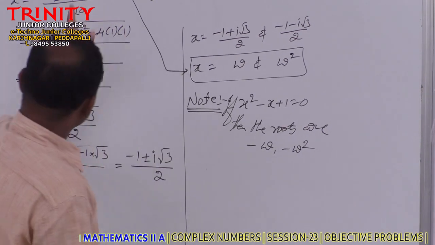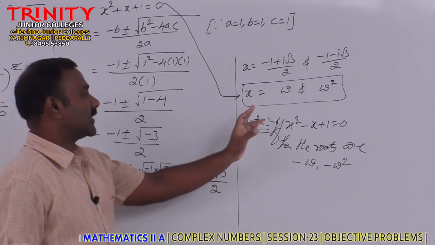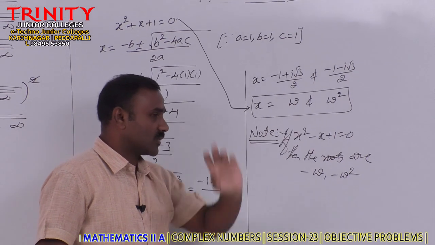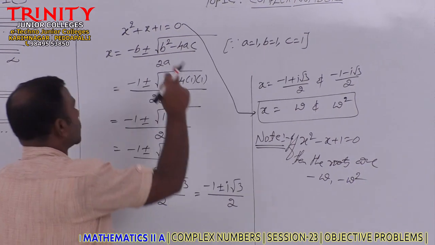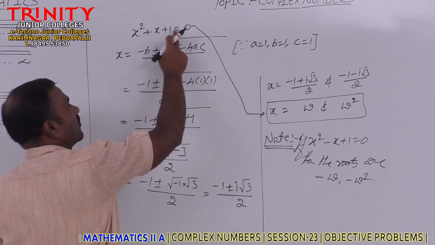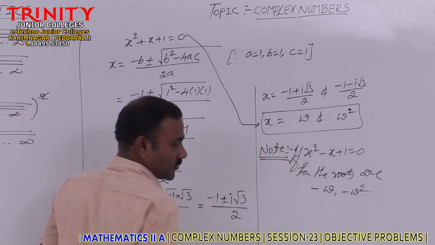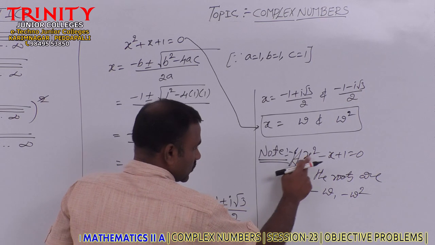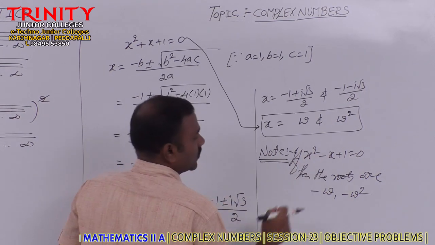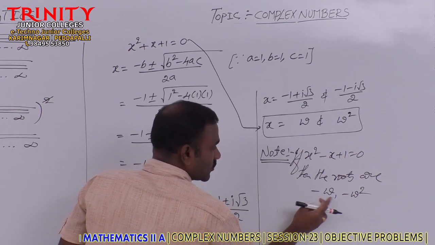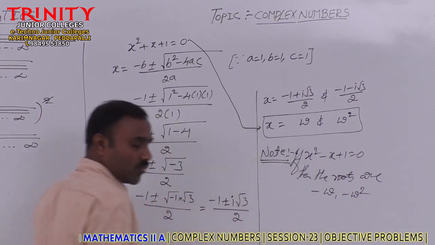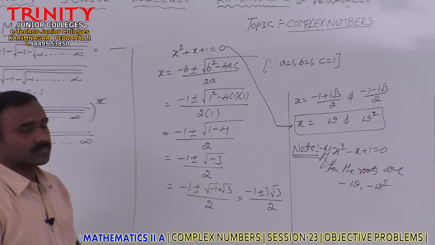If you apply the same form, you will get minus omega and minus omega square. That's why you have to remember the point. X square plus x plus 1 equal to 0, then the roots are always omega and omega square. If the equation is x square minus x plus 1 equal to 0, then the roots are minus omega and minus omega square. That's what you have to remember.